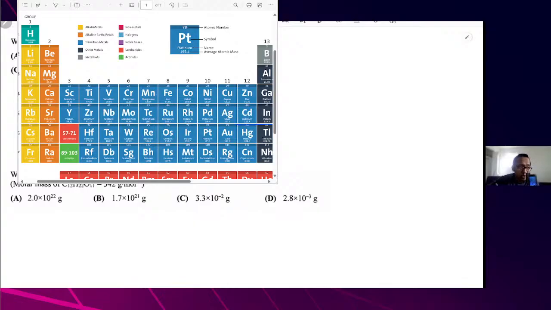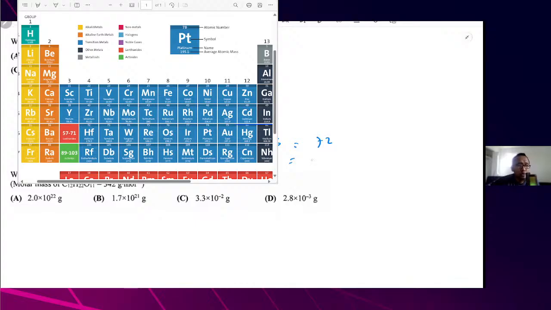C2O4 with 3 means there are three of this one, so it contains C6 and then O12. Okay, C6 O12. So from this we know the atomic mass of carbon is 12 times 6, and then O is 12 times 16, so 72.